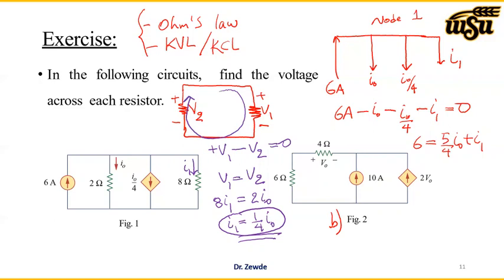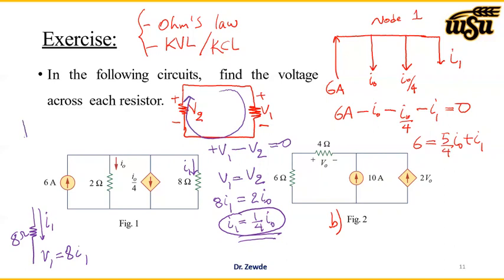What I did was I used Ohm's law to determine V1 and V2. For V1, I have the 8 ohm resistor, and the current is I1, so V1 is 8 times I1.